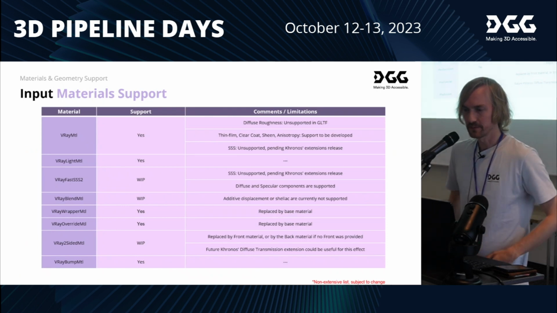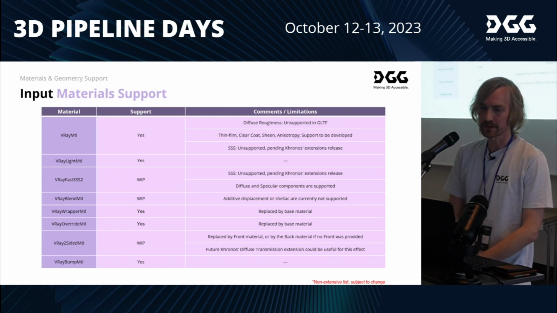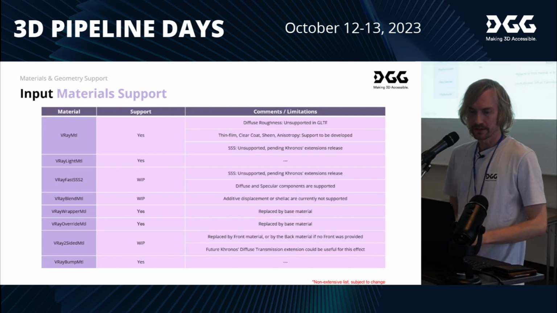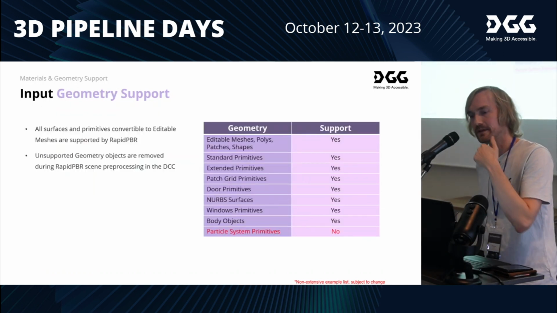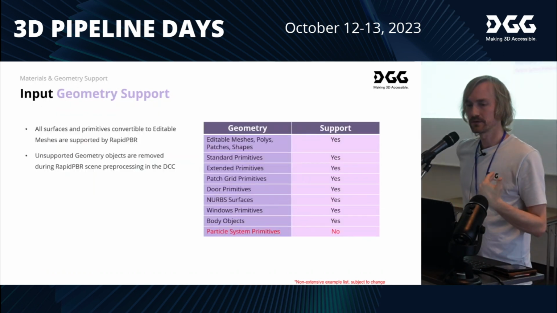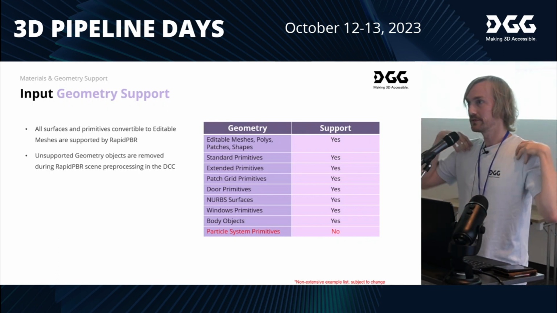For now, we're supporting different input materials. We have listed some examples from the V-Ray nodes that we can convert right now. For the sake of time, I'll skip over that, but there are not only material nodes, but also geometry nodes that can be quite challenging. If you remember the pictures of the beaver, it had this fur.